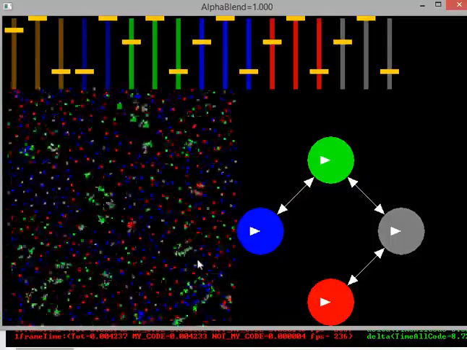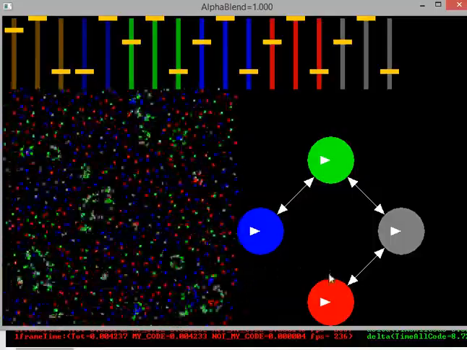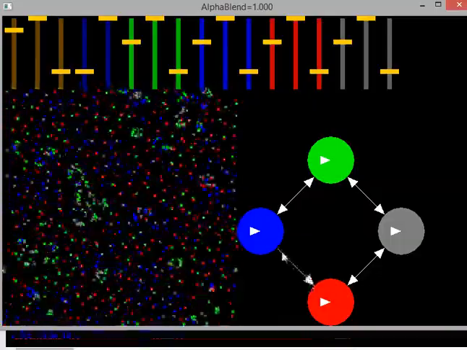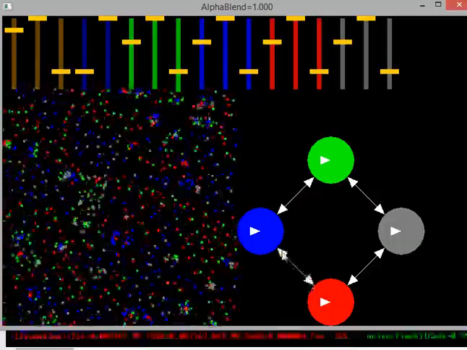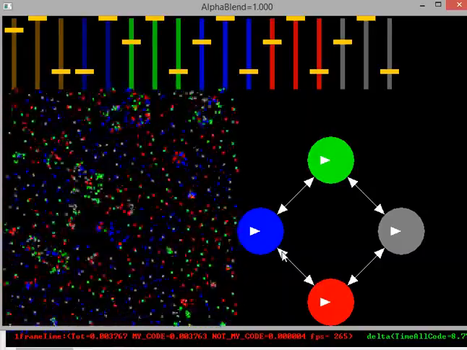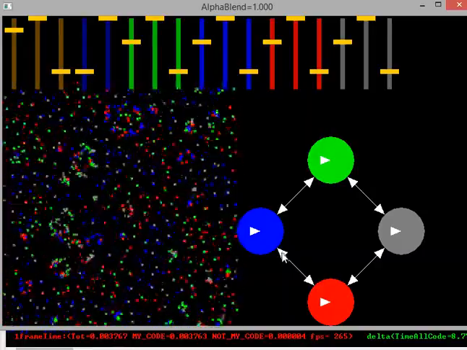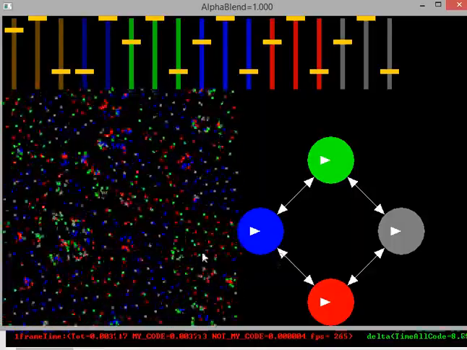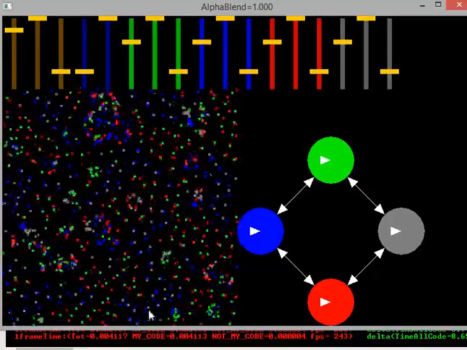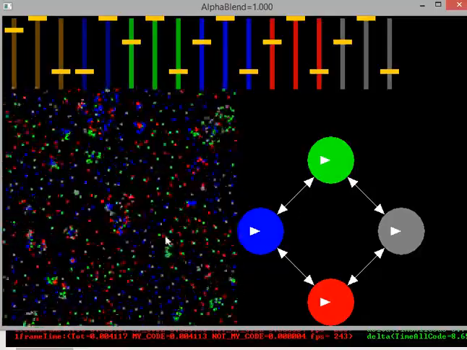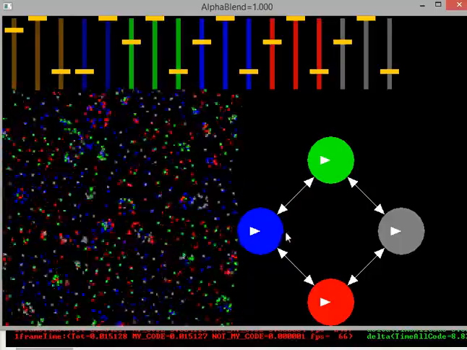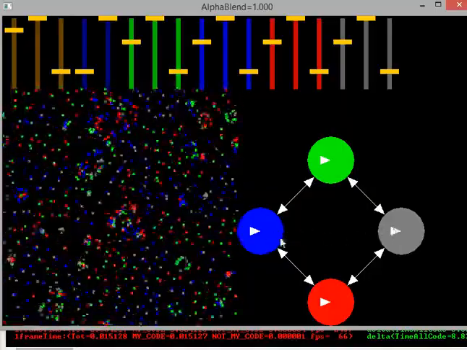That's kind of cool. I bet you if I added a link here, that would stop happening. It takes a while, but I'm still seeing the red-green symmetry between their spaces and the blue-gray in their spaces. Oh, maybe it's because, yeah, that's it.